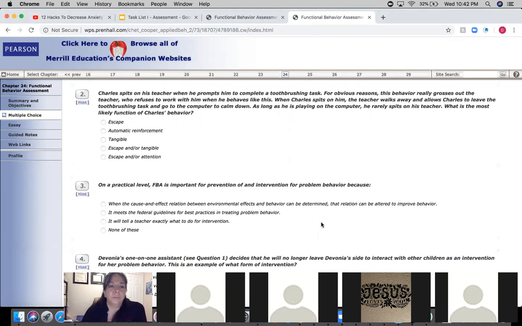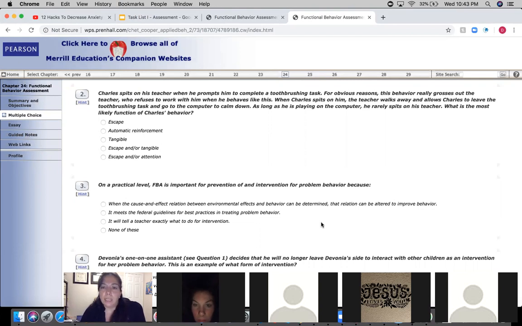All right, number 2. Charles spits on his teacher when he prompts him to complete a toothbrushing task. For obvious reasons, this behavior really grosses out the teacher, who refuses to work with him when he behaves like this. When Charles spits on him, the teacher walks away and allows Charles to leave the toothbrushing task and go to the computer to calm down. As long as he is playing on the computer, he rarely spits on his teacher.